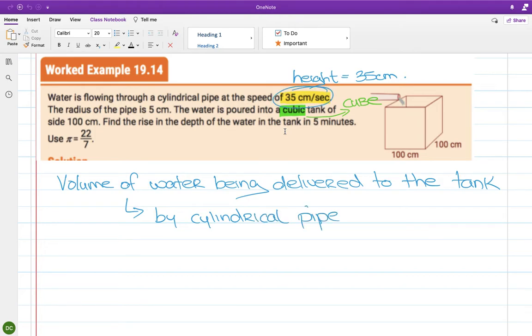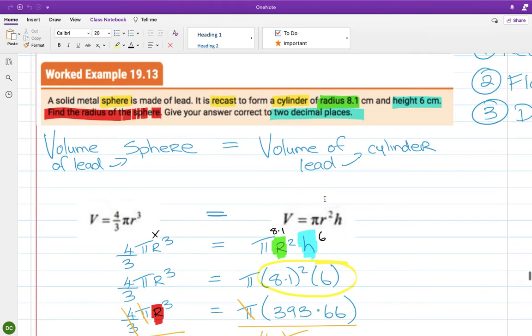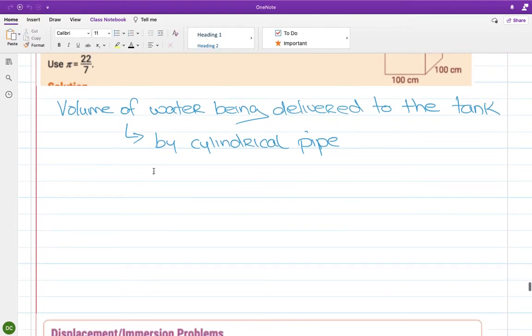Okay, so the volume of a cylinder, I should have it fairly handy. Yeah, here it is. That's the volume of a cylinder. Okay, so pi, they want us to use 22/7. It says it over here.